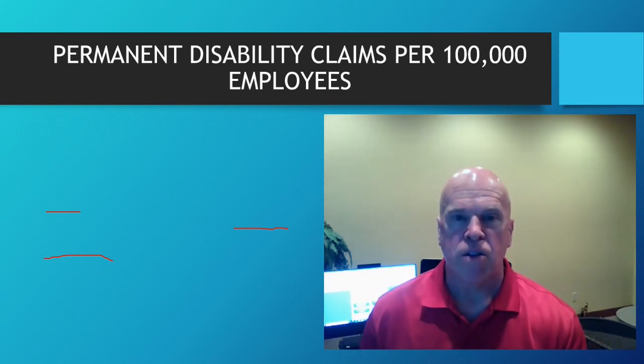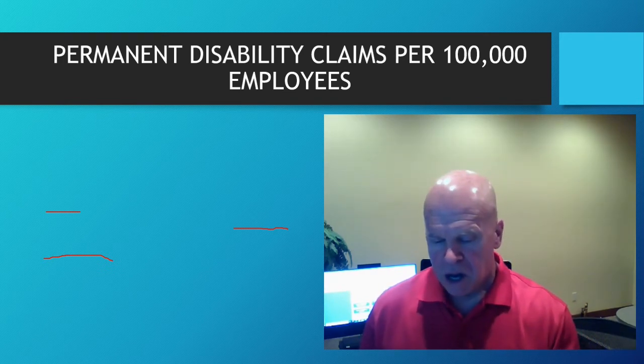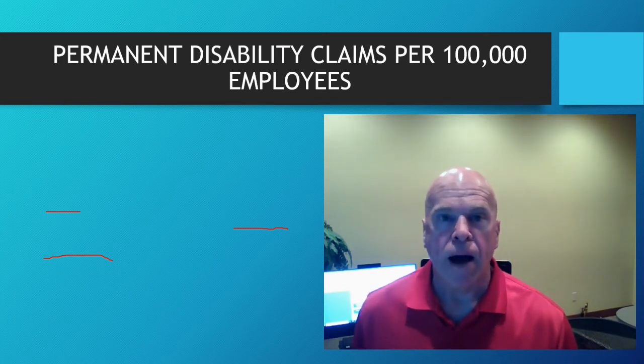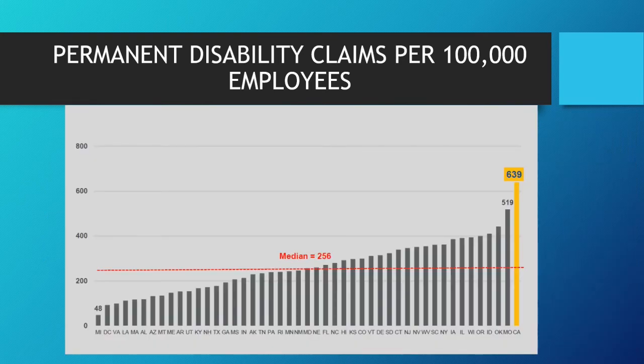Let's take a look at how this would appear graphically on a graph. Here is that chart that represents many states within the United States, such as Louisiana, Massachusetts, Texas, Georgia, etc. You can see that across the United States, the nationwide median figure is approximately 256 out of 100,000 injured employees who will go on to receive a permanent disability rating or award.